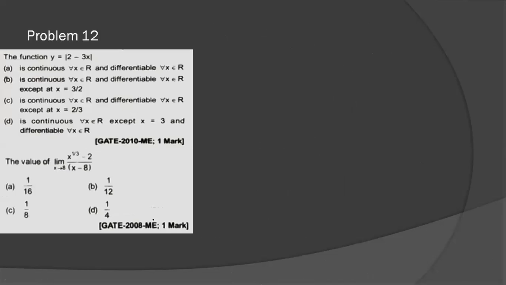Question number 12. The function mod of 2 minus 3x. I already told you in lecture 16 how to tackle mod x minus a. The similar way to tackle here.